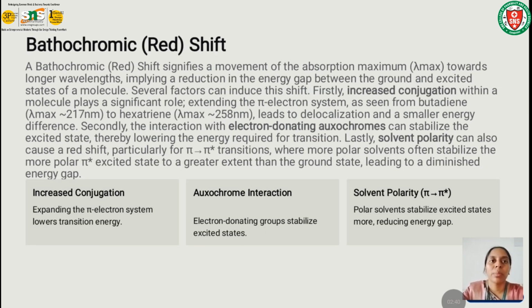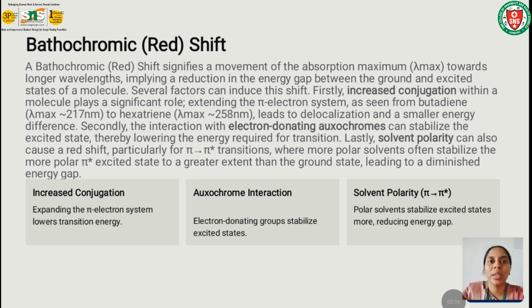A bathochromic shift signifies a movement of the absorption maximum towards a longer wavelength, implying a reduction in the energy gap between the ground state and the excited state of a molecule. Several factors can induce this shift. Firstly, increased conjugation within a molecule plays a significant role, extending the pi electron system, as seen from butadiene to hexatriene.